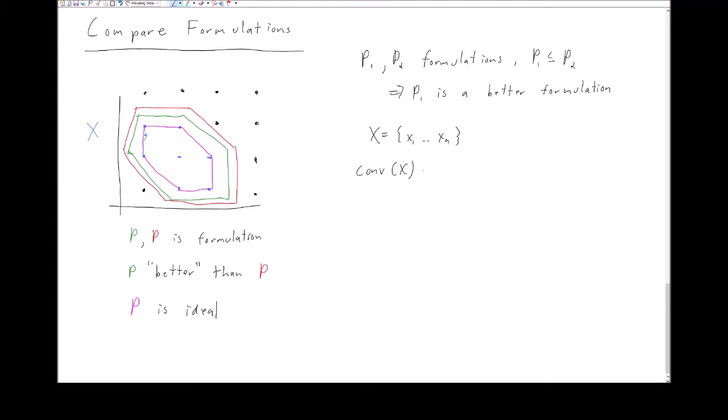The convex hull of X is going to be equal to all the points y such that two conditions are satisfied. y is going to be a convex combination of the points in X, and this convex combination, or this linear combination, has to sum to 1. And all of these multipliers are going to be greater than or equal to 0. This set is the set of all convex combinations of points in X. So this is the convex hull.